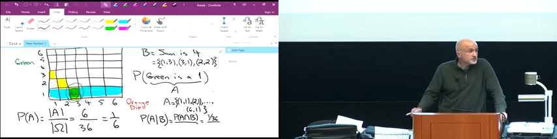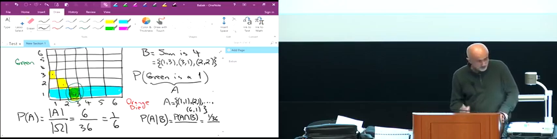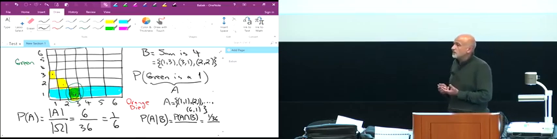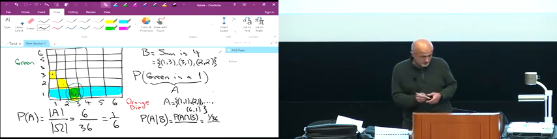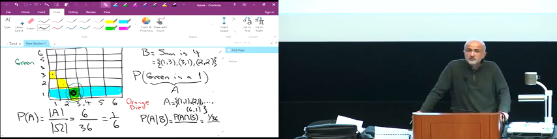The final answer should be? What do you think the final answer is? We're restricted to one of these cells. I'm asking you what the probability is of this cell having occurred, given that I'm in one of these 3. 1/3.